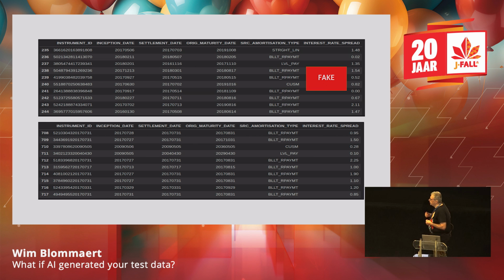And here what you see is that the bottom one is real data. Of course, it's just a snapshot of one table and just a few rows. The top one is synthetic data, which was derived from it. This is from one of our projects, which is regulatory reporting to the ECB, the European Central Bank.